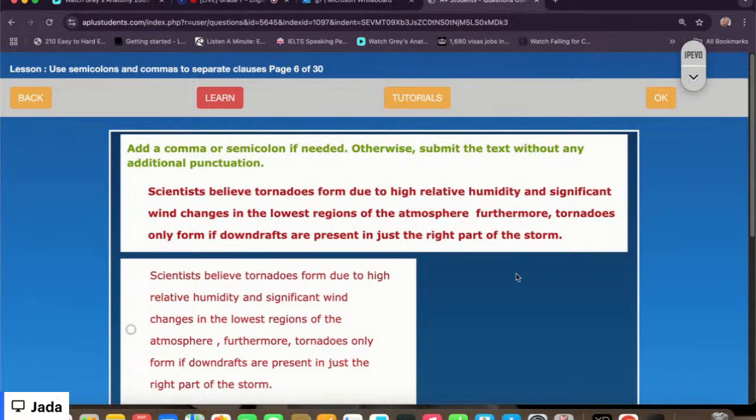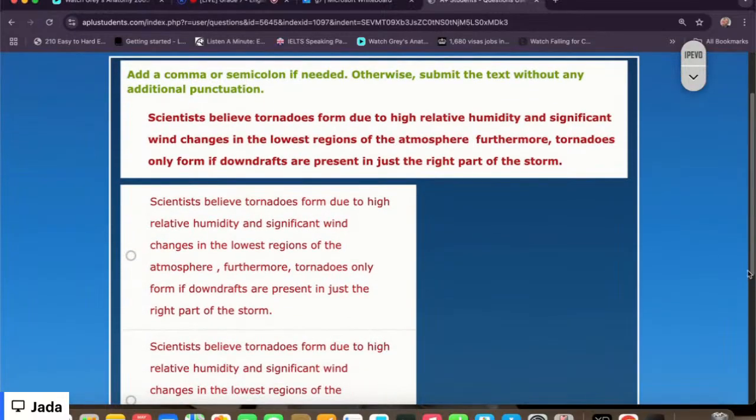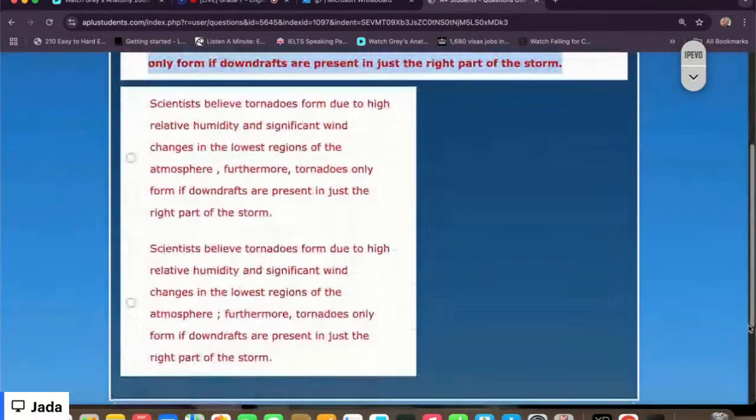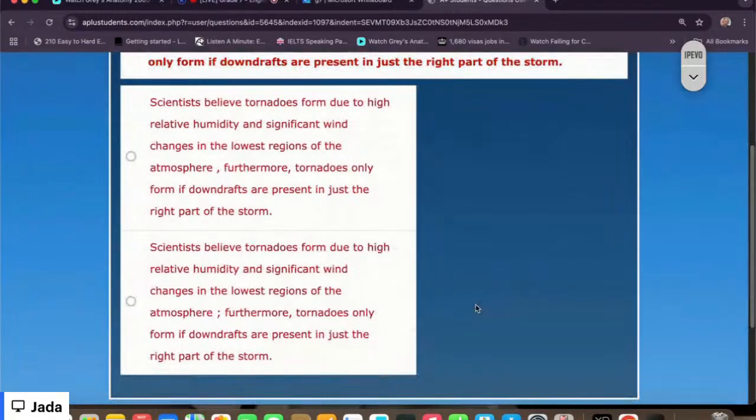All right, so scientists believe tornadoes form due to high relative humidity and significant wind changes in the lowest region of the atmosphere. Furthermore, tornadoes only form if downdrafts are present in just the right part of the storm. So, what do we have? First or second?